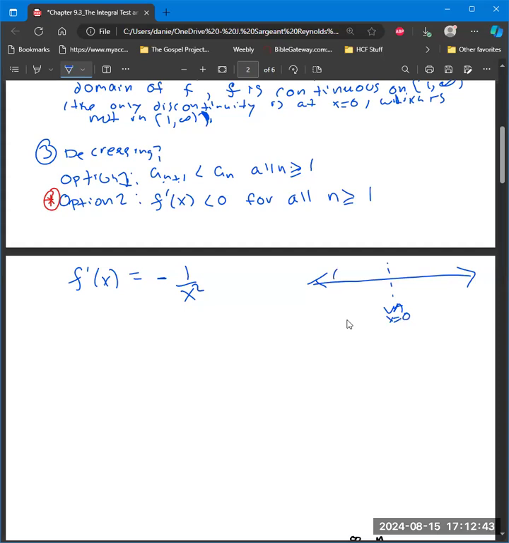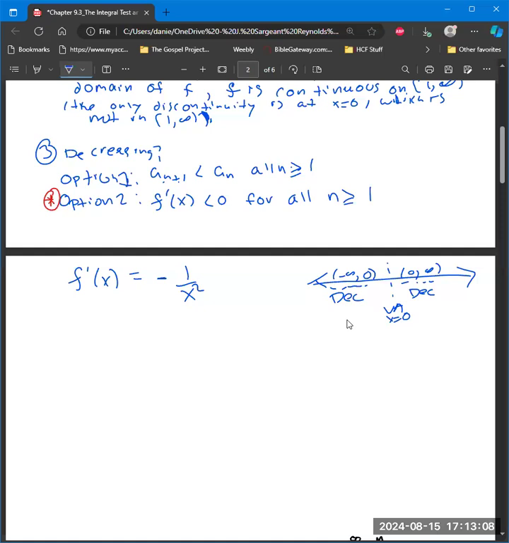This interval from negative infinity to 0, and this interval from 0 to infinity. When I stick in a negative value here, I get that it's decreasing here. When I stick in a positive number here, I get a negative value and it's decreasing over here.